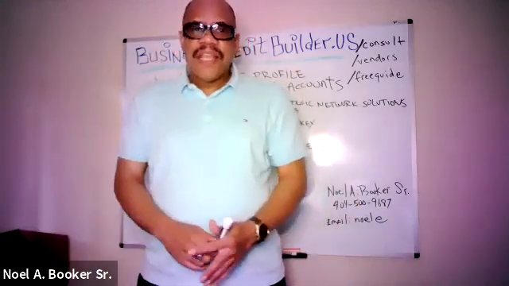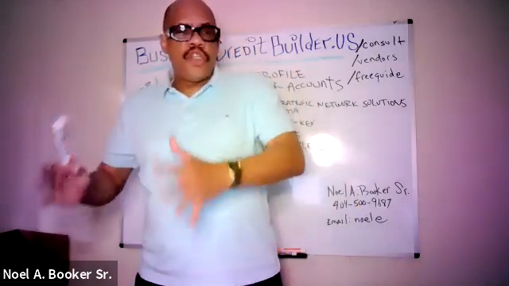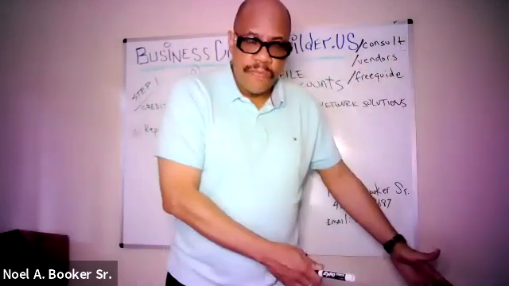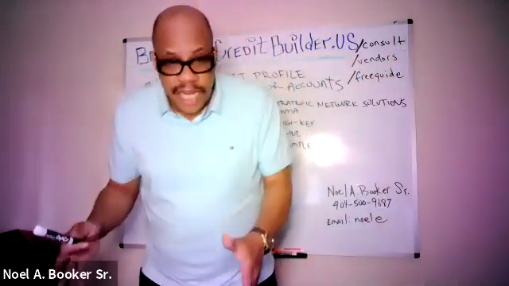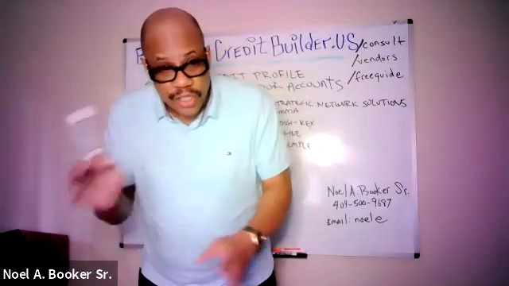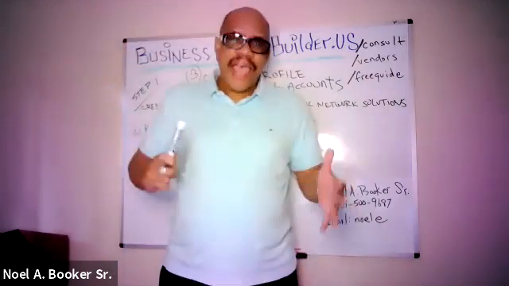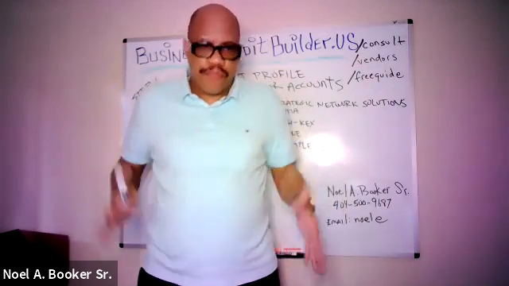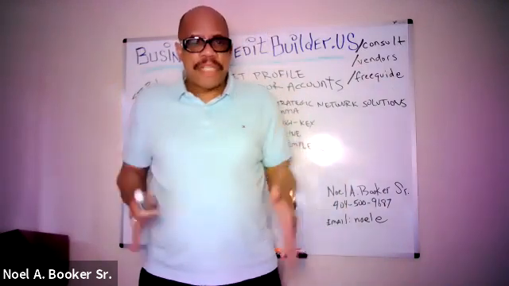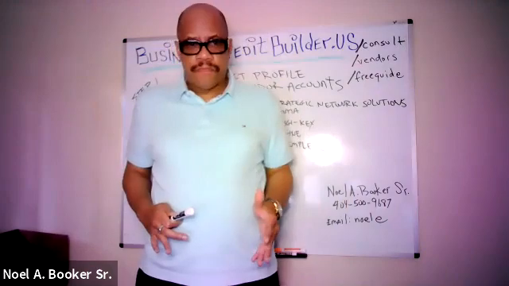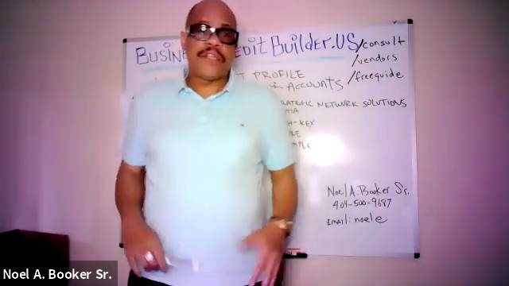So once you have set up your credibility, you got your DUNS number and understand the business credit reporting, now you're ready to create your business credit profile from scratch.